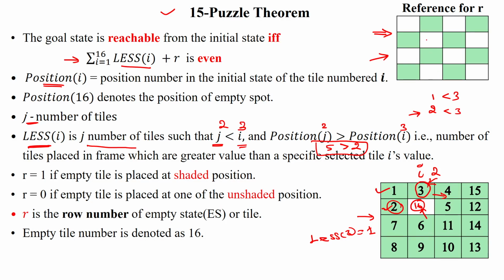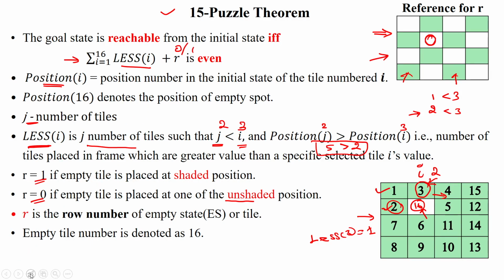The empty tile is placed in this location, which is an unshaded position. If the 16th tile, the empty slot, is placed in an unshaded position, then the value is 0, so we substitute r value as 0. Otherwise, if the empty tile is placed in any one of the shaded positions, then we give r value equal to 1.